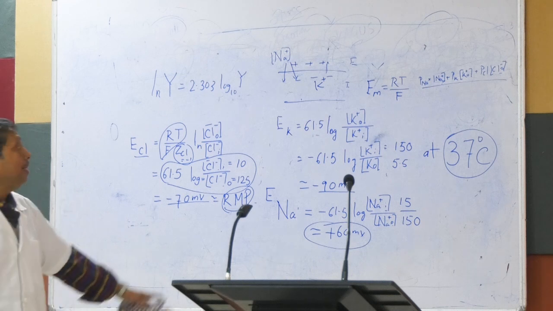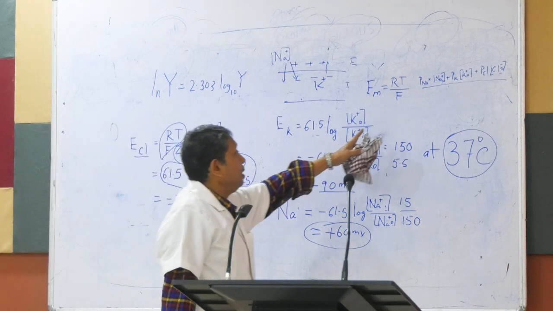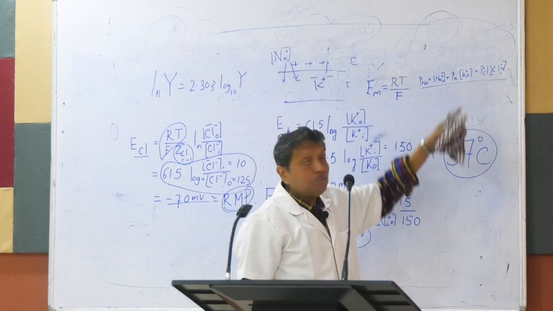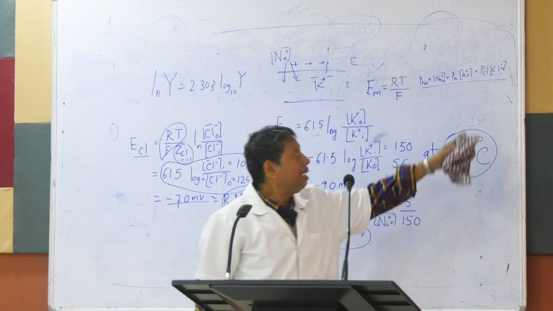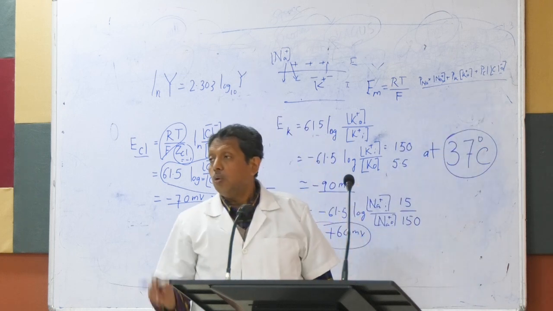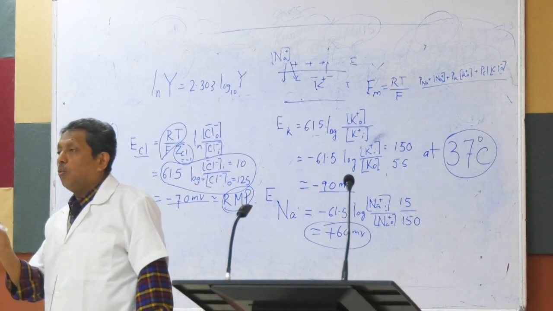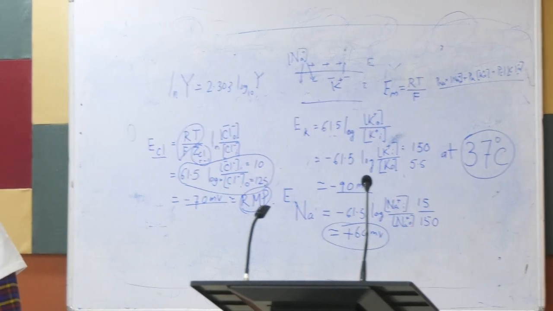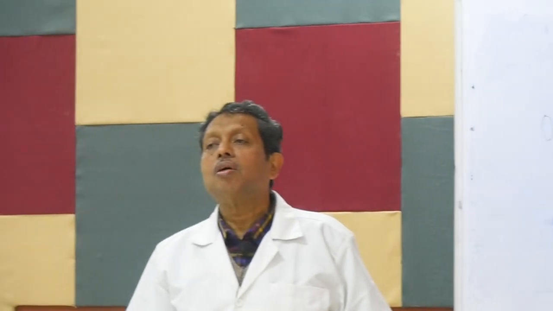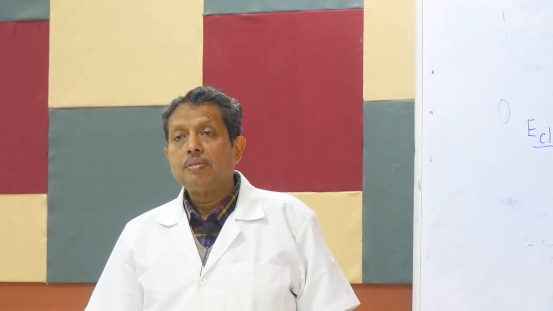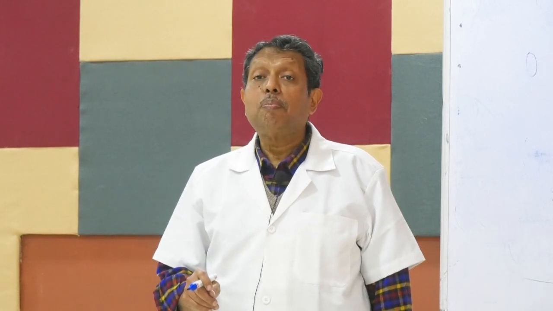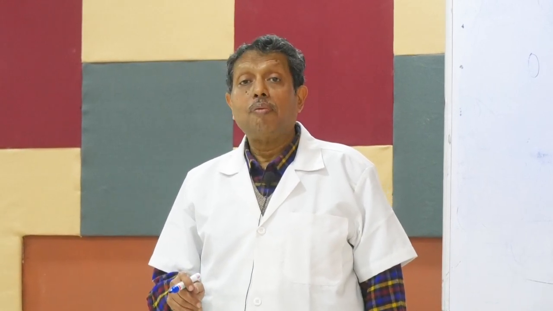The idea is that the permeability of sodium is very low relative to that of potassium, about one hundredth of it. So when there is a change in the sodium ion concentration in the extracellular fluid, the resting membrane potential is not altered so much, but the height of the action potential is affected.